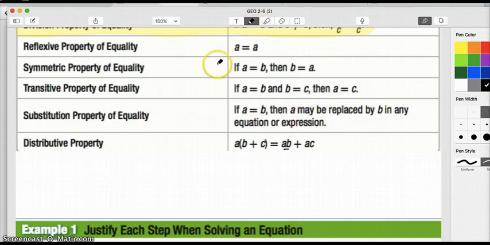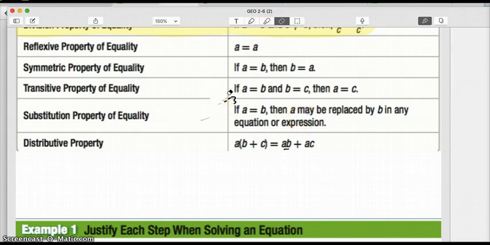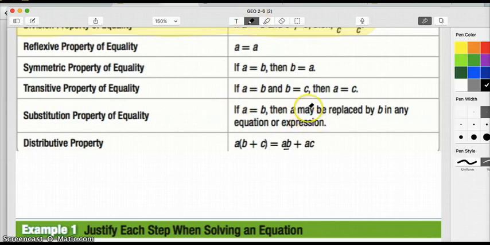You've seen this back in the day when your teacher would say, A squared times B minus C, let A equal 4 and B equal 2 and C equal -3. And you'd have to plug all that in and do the problem. You know what that was? Substitution. You know what substitution property of equality says? You can substitute if you got something to equally substitute it for. And so yes, here's another one that you already know.